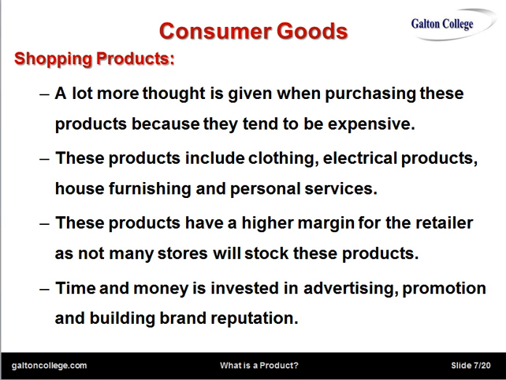So high-end electrical goods may be only stocked in a few shops in a given region, not in every shop, just a few, or maybe even just one. Time and money is invested in advertising, in promoting and in building brand reputation. These tend to be quite expensive items, furniture, expensive electronics. So it's important to have good information, good marketing and good placement in the market.